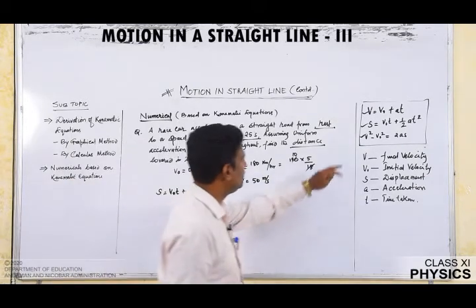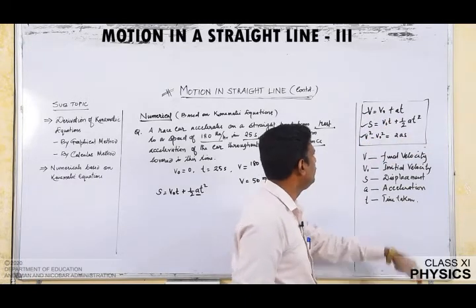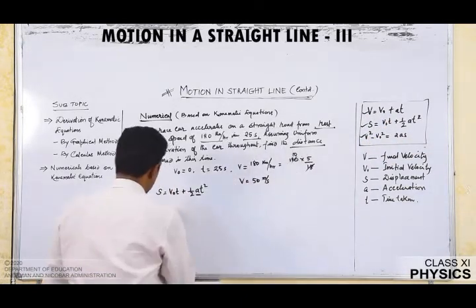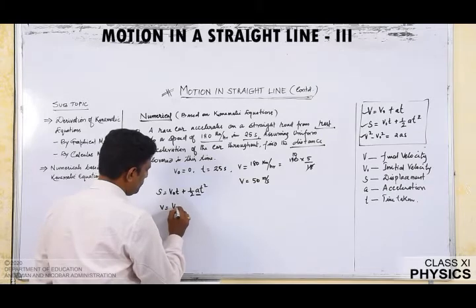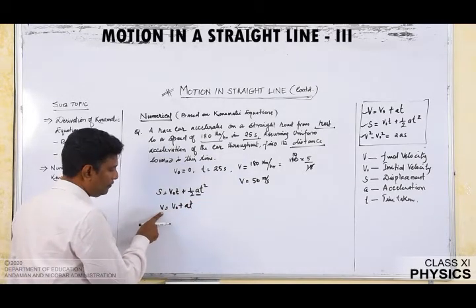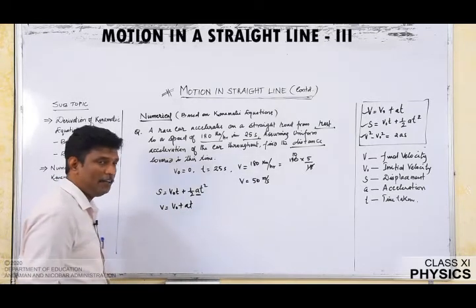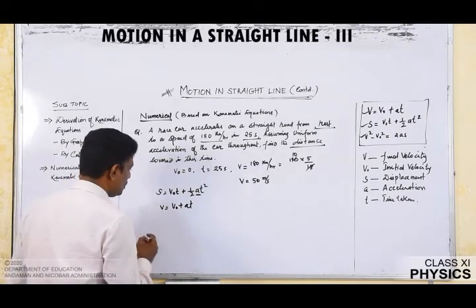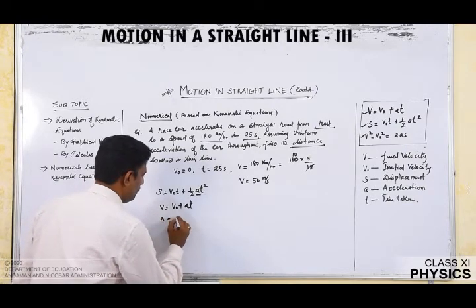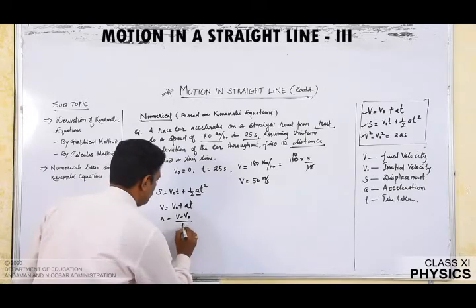See the first equation, v is equal to v naught plus a t. In this we know v, v naught and t, so obviously we can find the value of a. So, a is equal to v minus v naught by t.